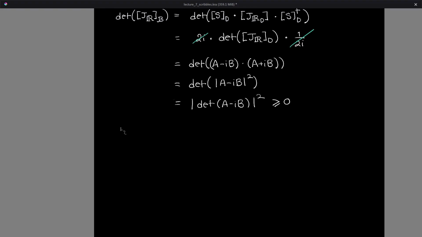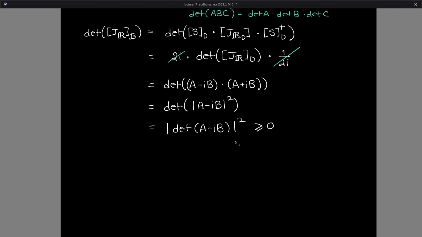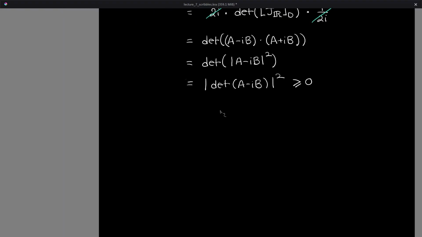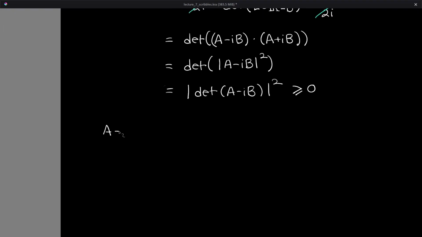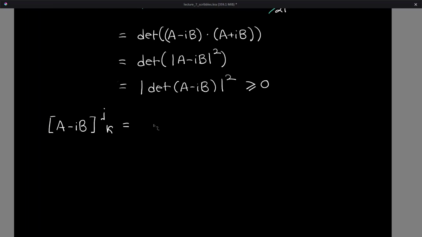So let's see. We're going to be able to do an interesting thing. Let's think about what J_R in the diagonalized basis gives us. So let's look at a minus ib. Let's look at the jk-th element of it. j is on the top, k is on the bottom. So this is equal to, remember from our A, B, C, D definitions, partial x_j, partial u_k, and then we get a minus i partial x_j, partial v_k.